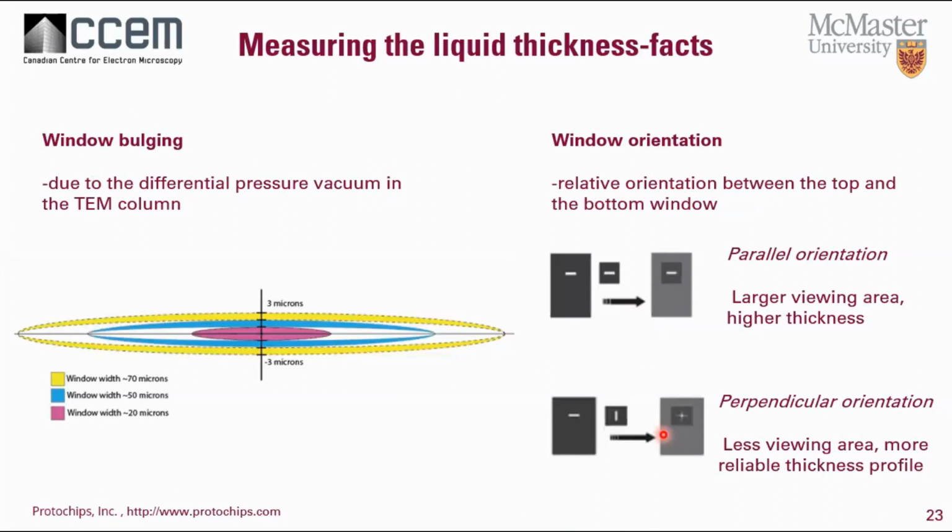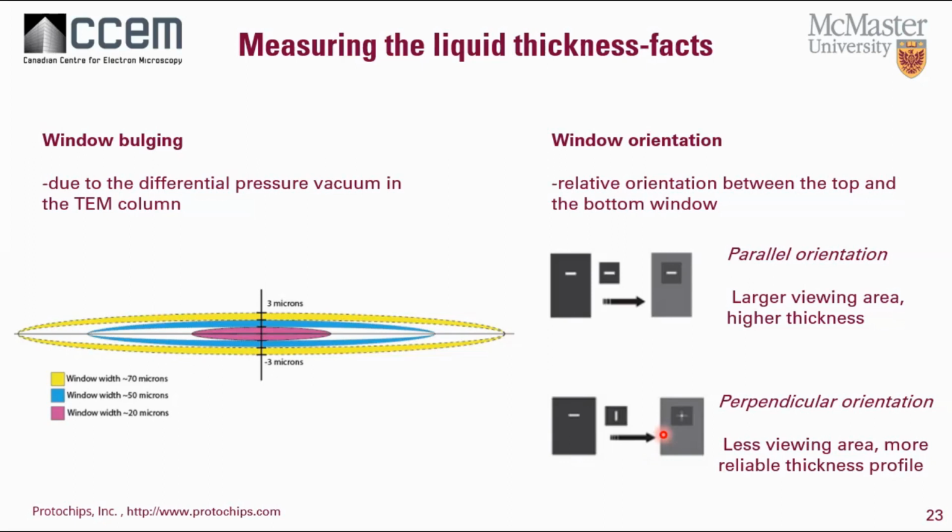Now I'm going to talk about some practical aspects related to the thickness. To preserve resolution and maximize signal to noise ratio, microscopists prefer samples and liquid layers that are as thin as possible.